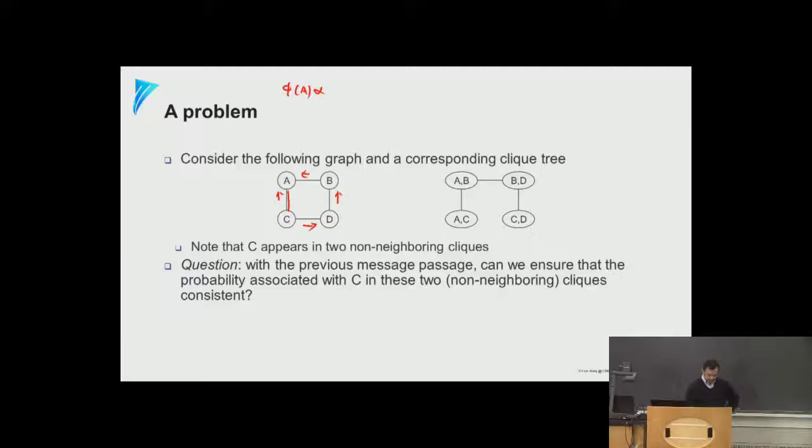Or my P of A, let's say, should be phi of A times a message B to A times a message C to A, right? And then I'm going to now copy the A here. And what does this message B to A correspond to?